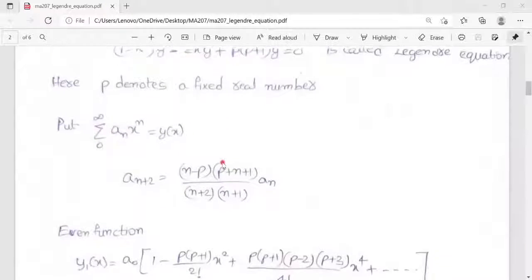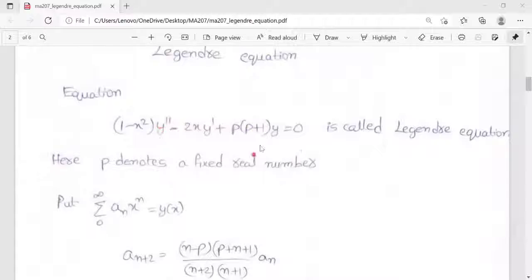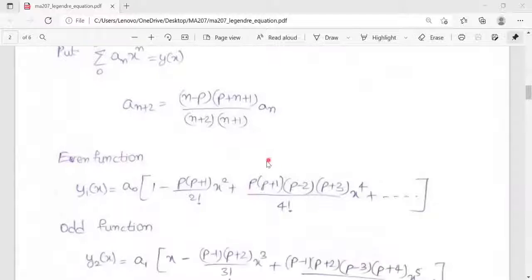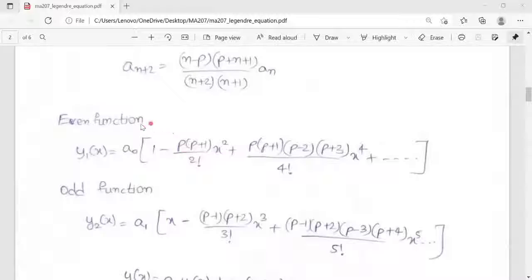If we solve this equation using the above power series method, we will get this recursive relation. Here if we substitute n equal to 0, we will get a2 in terms of a naught. So we can find all the even terms in terms of a naught. If we club all these even terms, we will get y1.